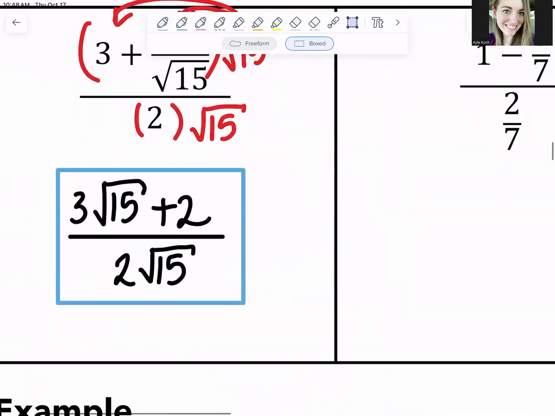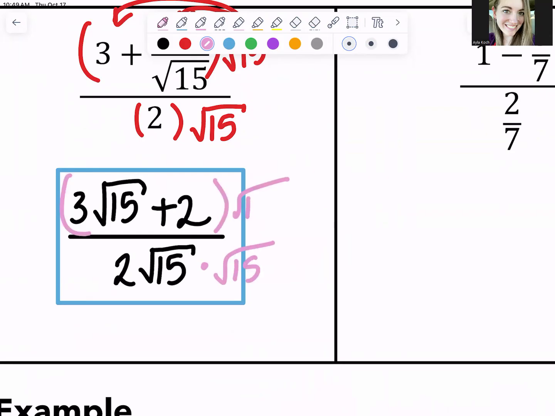Well, you know what? If you are curious how you would simplify this, why not? This is a video. I'm not wasting class time by doing this. Fast forward through this if you're not curious. You would just multiply by square root 15 on the top and bottom again, if you wanted to rationalize and get that radical out of the denominator. That would get distributed.